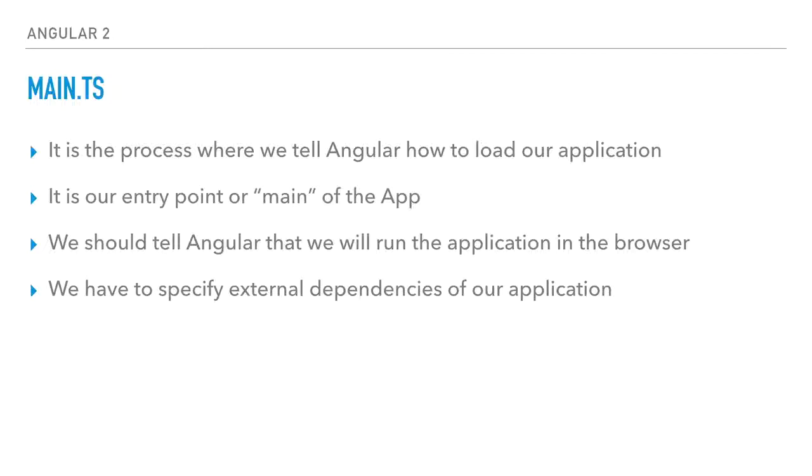This is super important because Angular 2 could run also in the server or in mobile. So for these examples, we will be running Angular in the browser. In the future, it depends on your project. And also we have to specify the array of external dependencies of our application, as it could be the HTTP library or the route library that we will talk about later on.